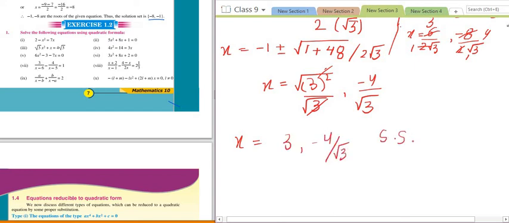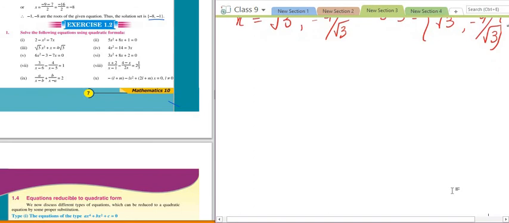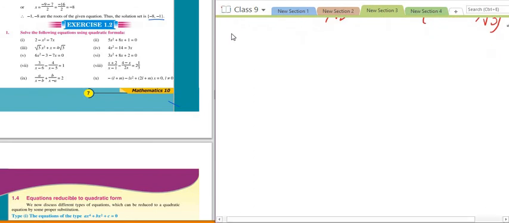So the solution set is square root 3, minus 4 by square root 3. Clear?